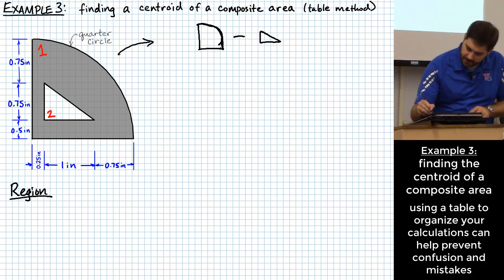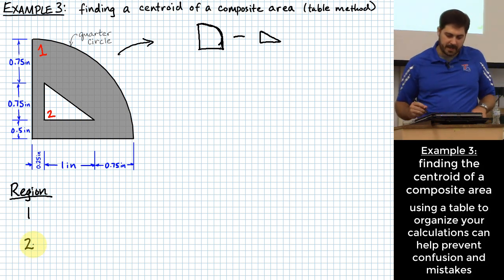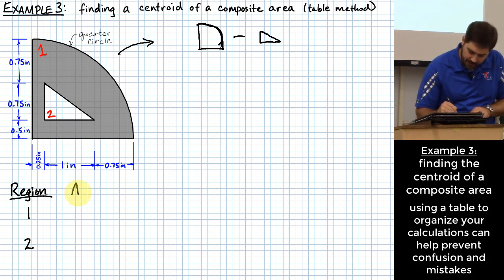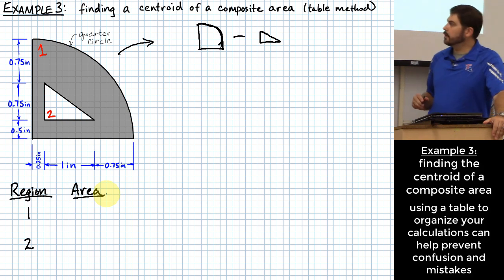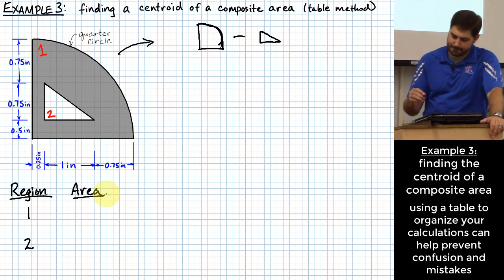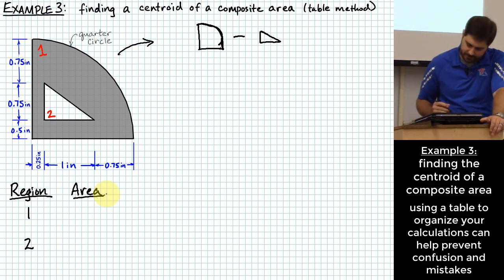So I'm going to go ahead and define those in my table and make a row in my table for region 1 and a row in my table for region 2. Okay? My next entry in the table, I'm going to figure out what the areas are of each of those regions. All right? What's the area of region 1? Or how do I figure out the area?